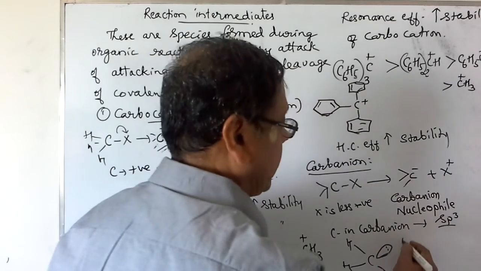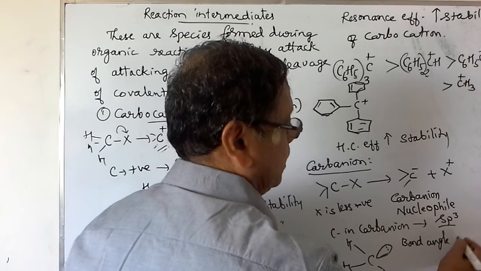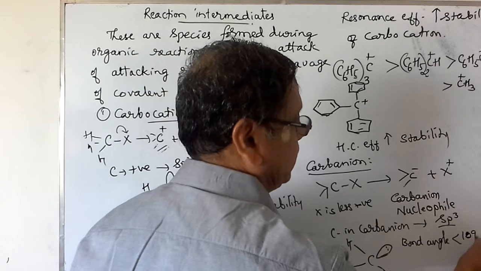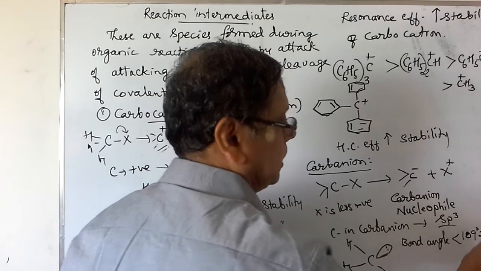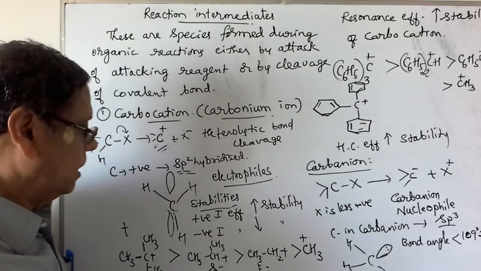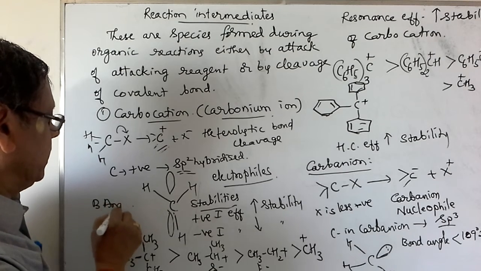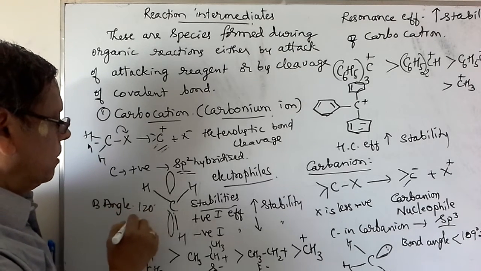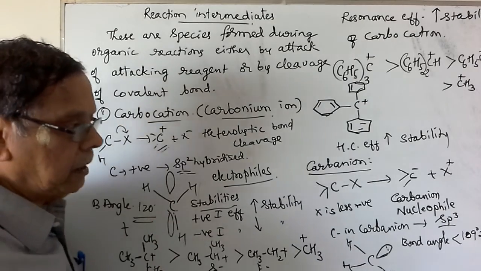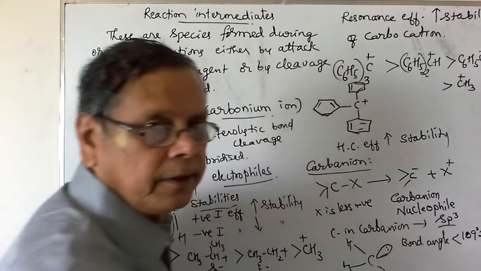So the bond angle is less than 109 degrees 28 minutes. This is actually called the sp3 bond angle or tetrahedral bond angle. In the carbocation case, the bond angle is 120 degrees because of the sp2 hybridization having a vacant p orbital. But in this case, the bond angle is 109 degrees 28 minutes.